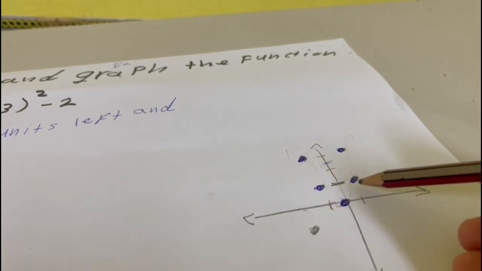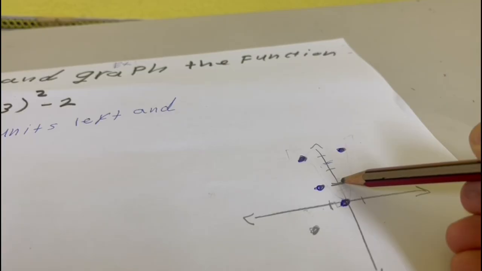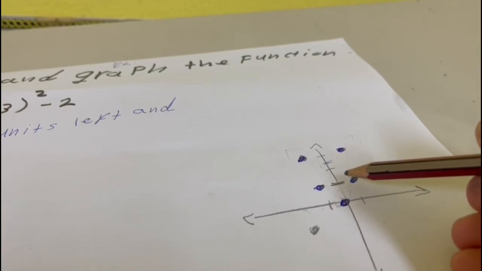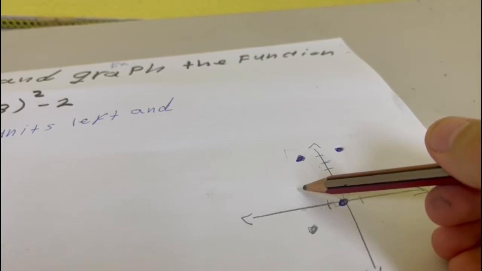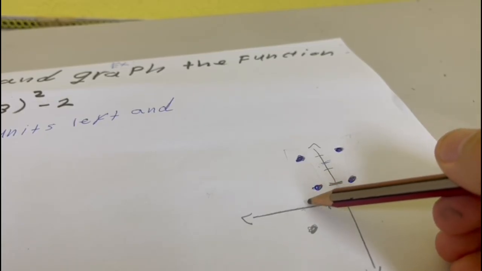Now let's start with this point. Translation 3 units left, 1, 2, 3, and 2 units down, 1 and 2.